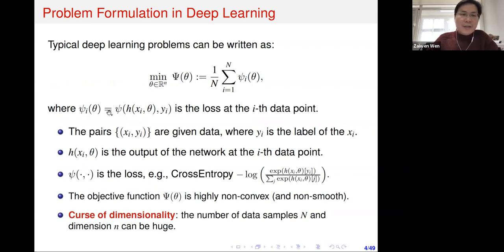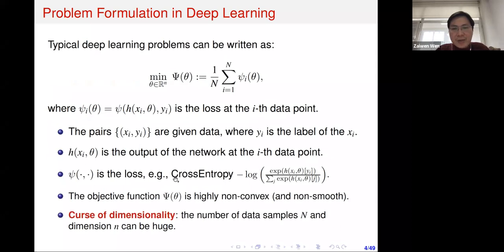For example, psi_i is our function, where psi is our loss function, which can be quadratic square or cross entropy, depending on your particular data sets. The x_i and y_i are given data, where y_i is the label of x_i. Here h is the output of the network. We will explain it later.